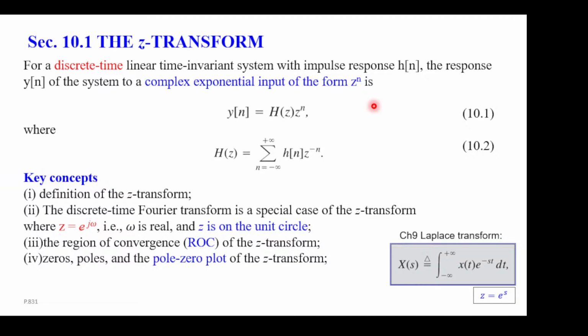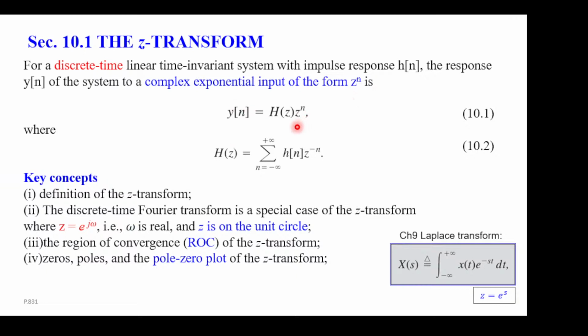And just like in chapter 5, when we do the Fourier transform, we say those z are e to the j omega. So z is not purely imaginary, but it's a complex exponential with a purely imaginary exponent. That's the Fourier transform.